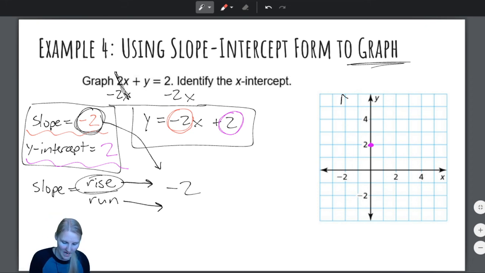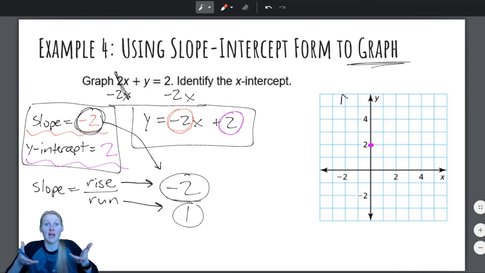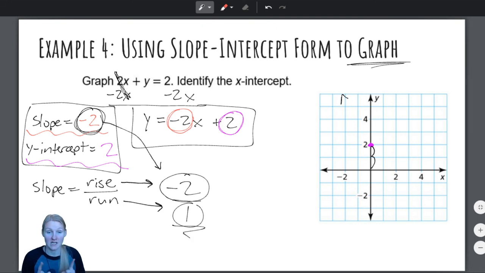We took -2 over 1, because that's the same thing as -2. And we had, oh, our rise is -2, our run is 1. If I am rising -2, I'm going down 2. And if I am running 1, I'm going to the right 1.